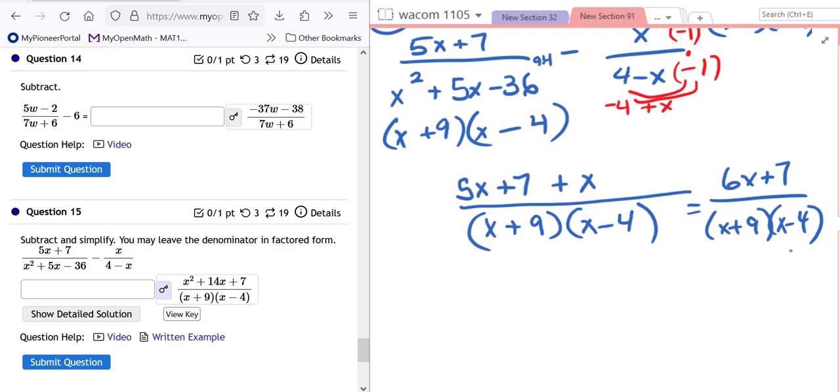Oh, wow. That doesn't look like that at all. What did I do wrong? I think they're wrong.